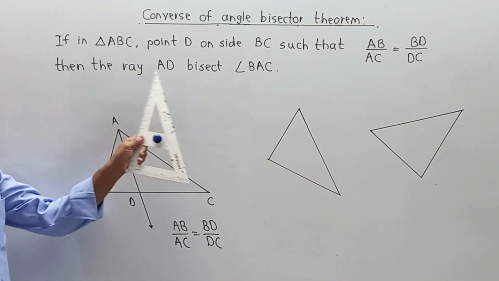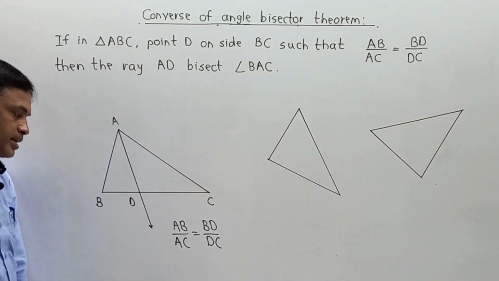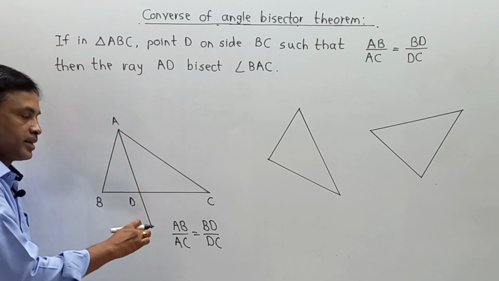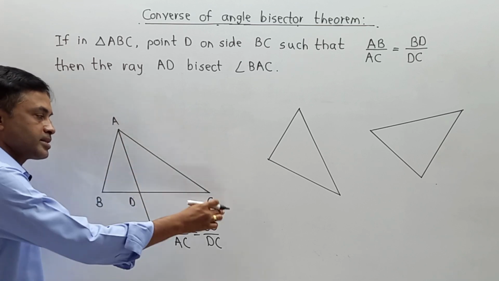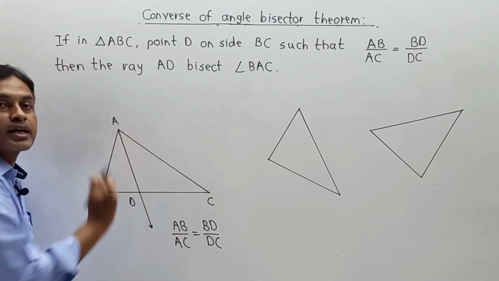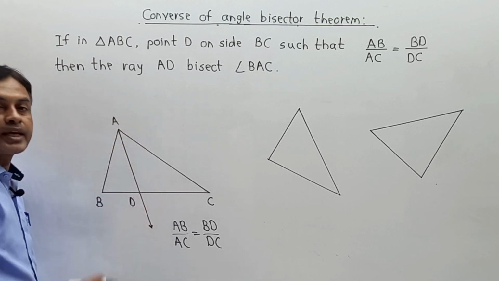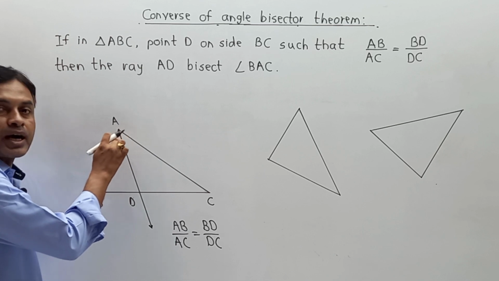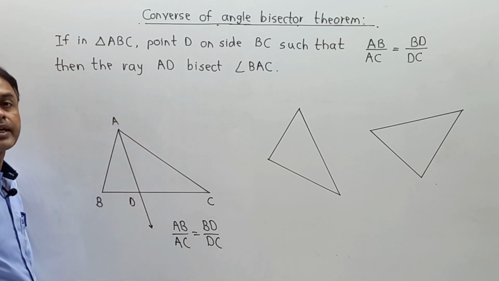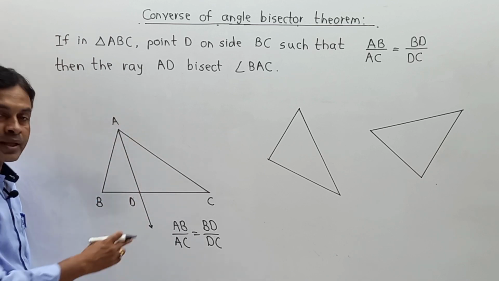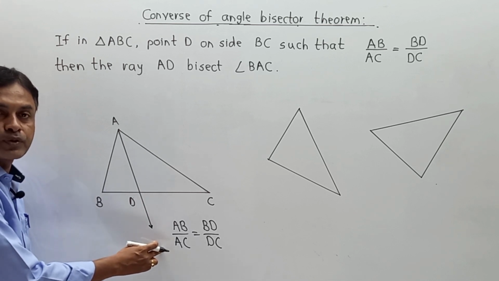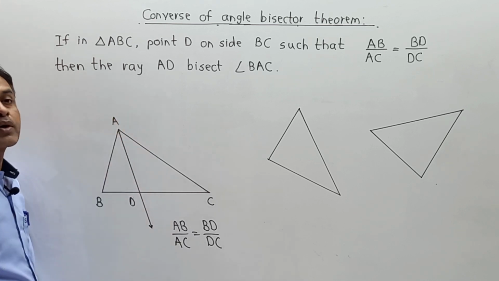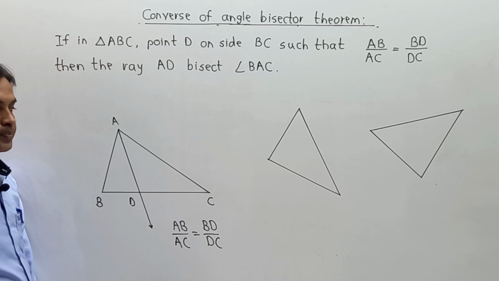Then the ray AD bisects angle BAC. It means these two angles are equal, or logically you can say AD is an angle bisector. And when such a condition is in front of you, you use the concept called the converse of angle bisector theorem.